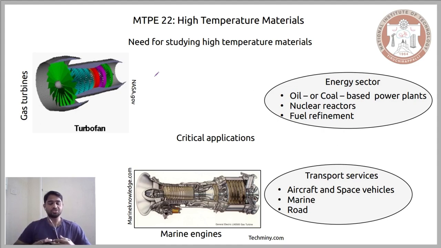They become more corrosive in nature because the temperature is being raised. So we need an efficient or optimal choice of high temperature material so that these turbines could work efficiently.